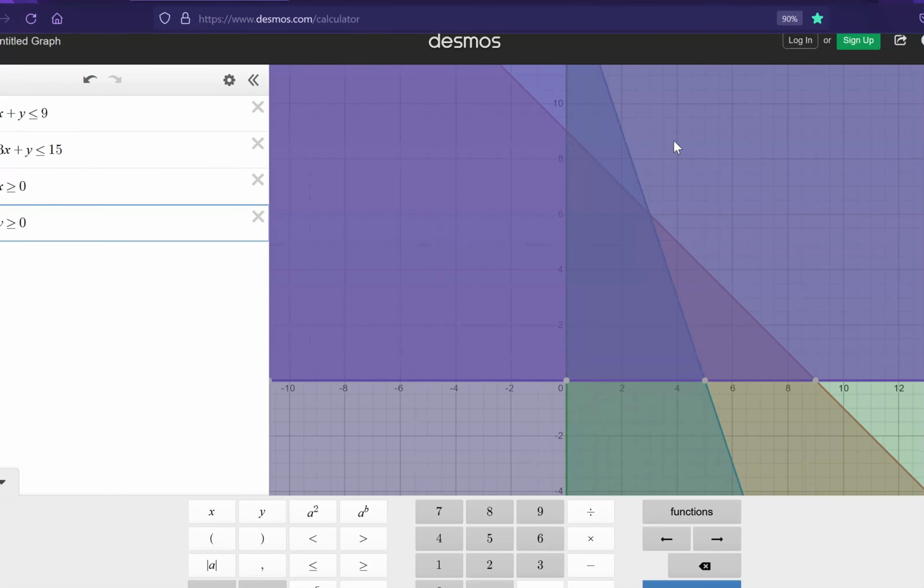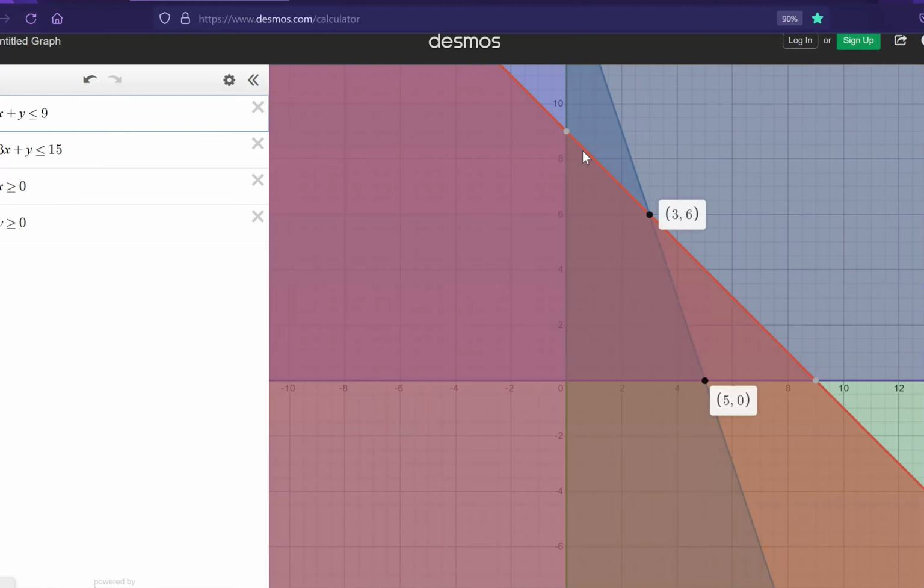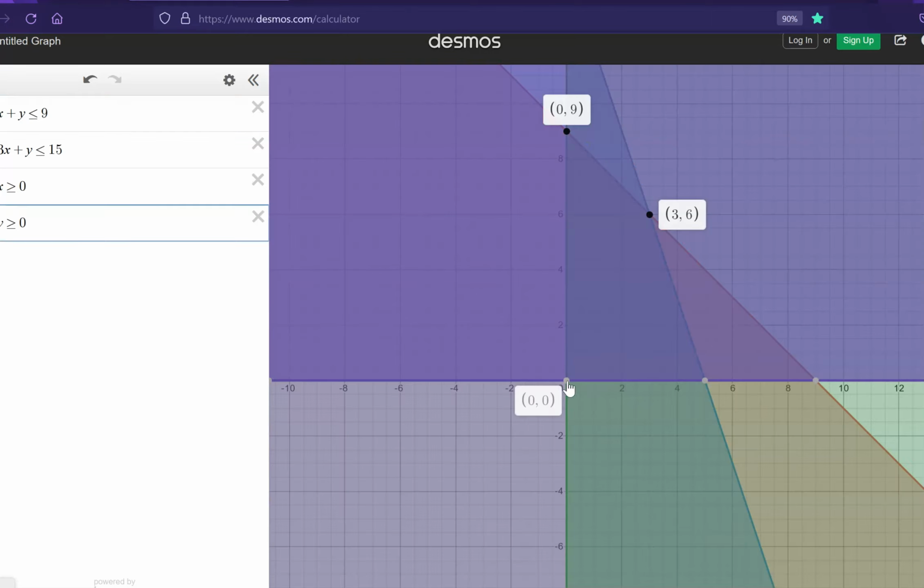So what we have is 4 shaded regions here. There's red, green, blue, purple. And we are getting these spots. And what's nice about Desmos is it'll grab those key points for us so we can get those corners here and make sure we're on the right track. But seeing where all of them overlap can be really difficult.